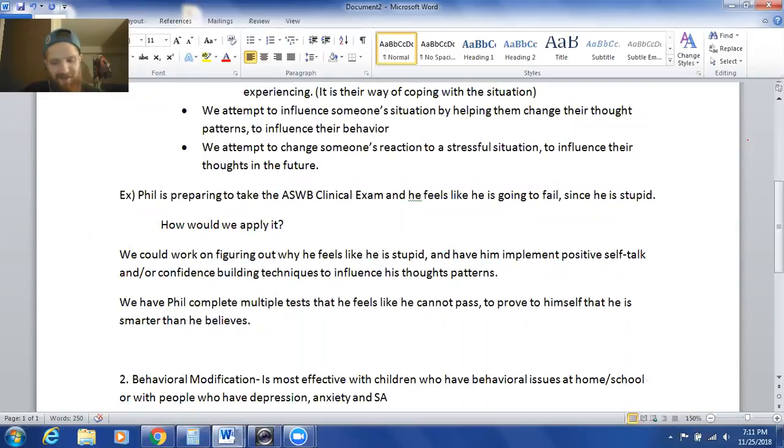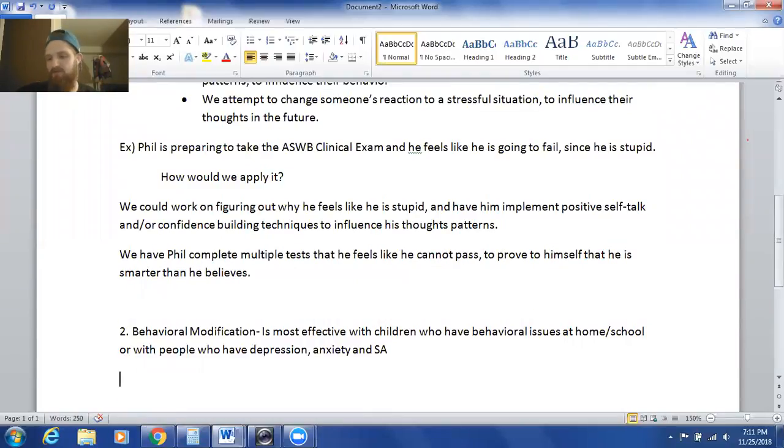However, as you get into the older populations, it's more difficult to have incentives and stuff like that. It's more or less you would be using CBT, but it does not make it impossible by any means.